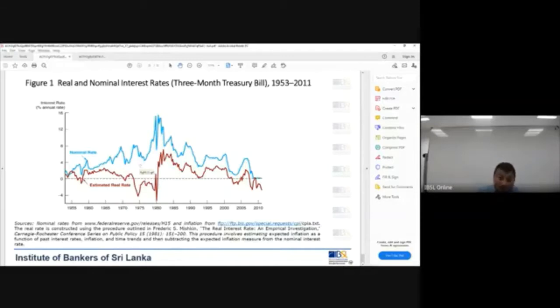You can check those things. So this is a very real economic application and economic situation the countries have experienced, right? So real interest rates look negative when the inflation is greater than the nominal interest rates.